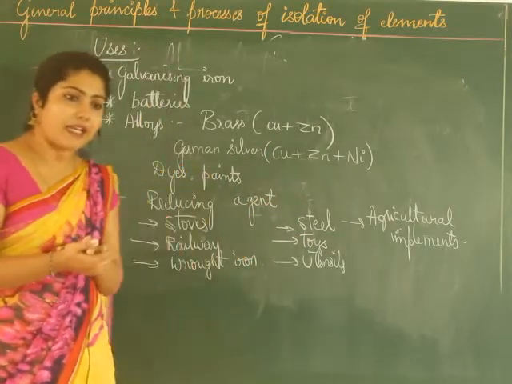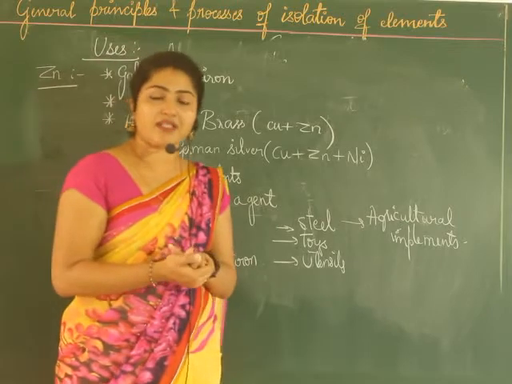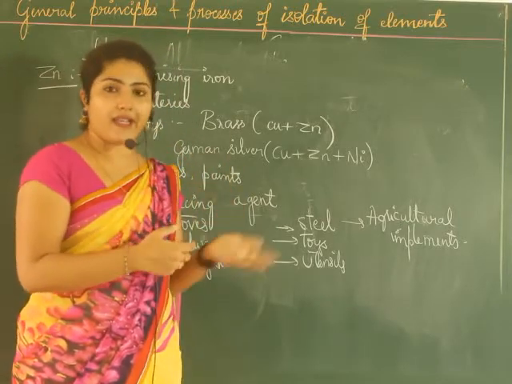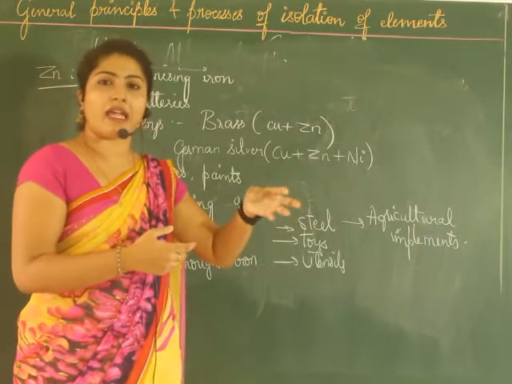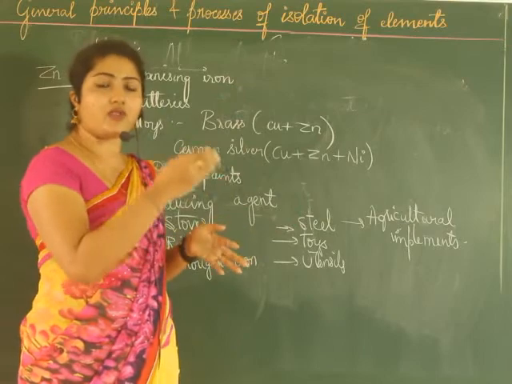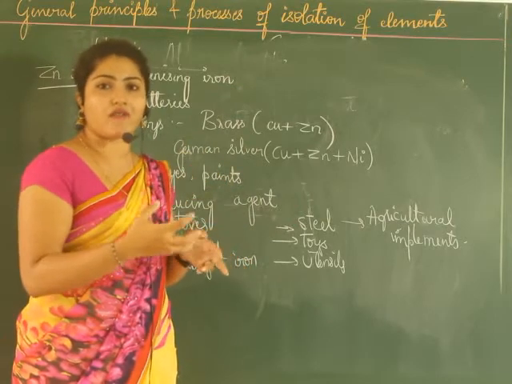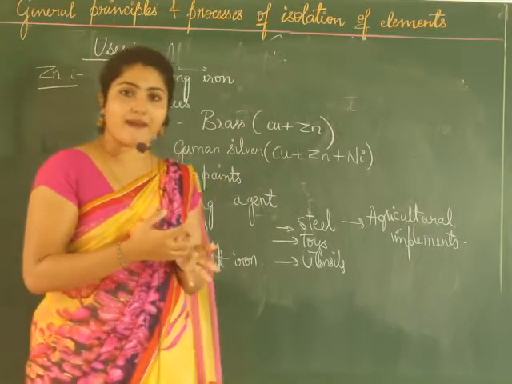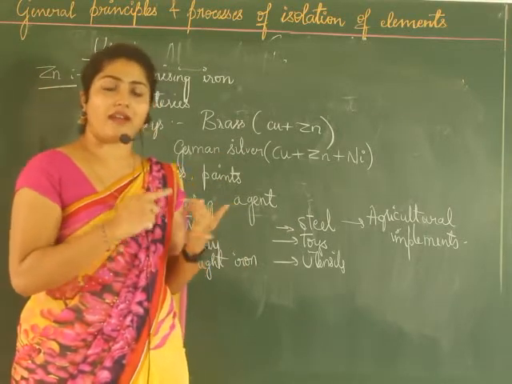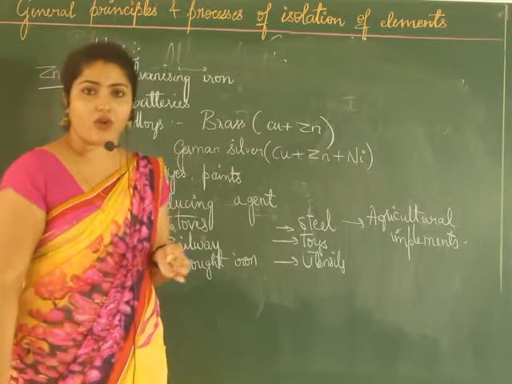And then we have studied thermodynamic principles, that is using the Gibbs free energy equation. We had the Ellingham diagram. In the Ellingham diagram, again we have studied how, looking at it, we can choose a good reducing agent for a particular reaction taking place. And for the application of the Ellingham diagram, we have studied extraction of iron, extraction of copper, extraction of zinc also.